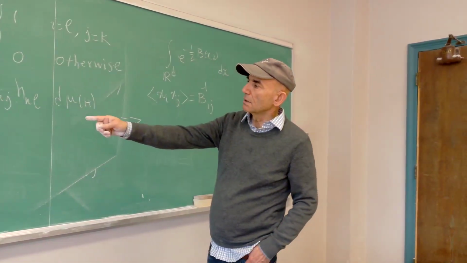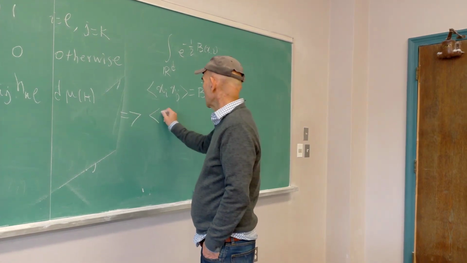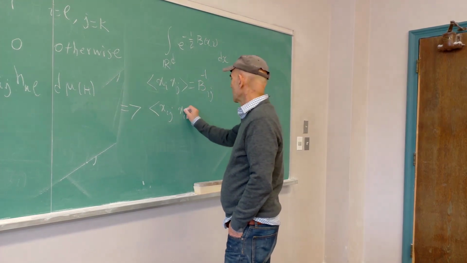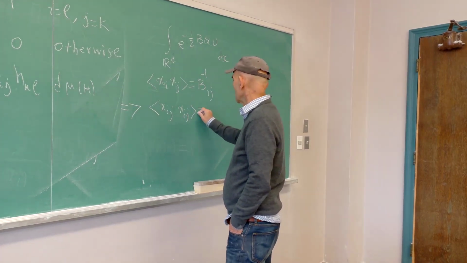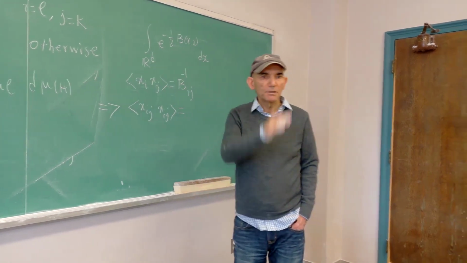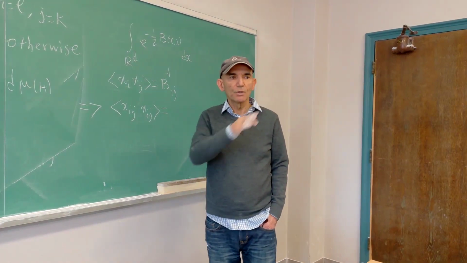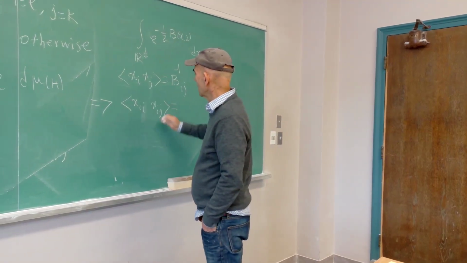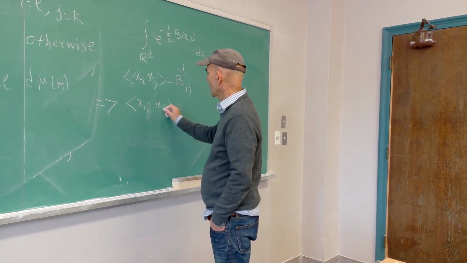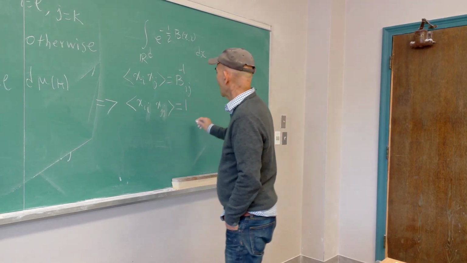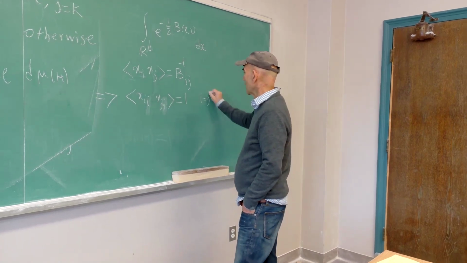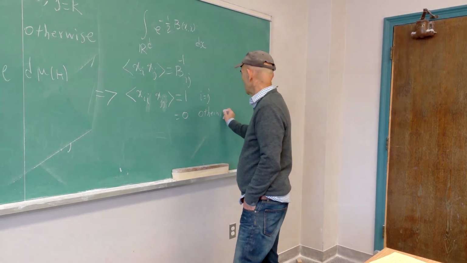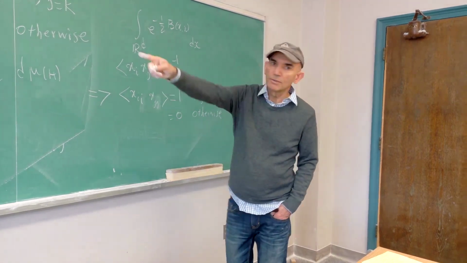For example, this is a completely diagonal situation, so X_ii times X_jj is equal to 1 if i is equal to j and is equal to 0 otherwise, from that formula over there.